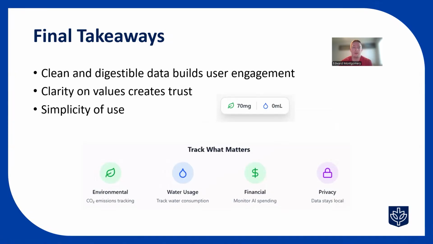Two, clarity on the values creates trust. By having informational guidelines available on how metrics were calculated, it informs the users how we got those numbers to be portrayed. Without this, it can create a gray area as users may lose track of how those numbers came to be, and that can dramatically impact user adoption.